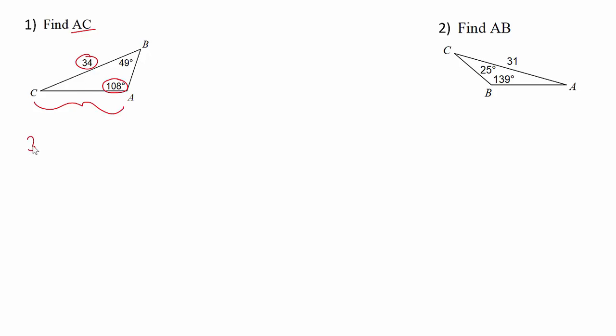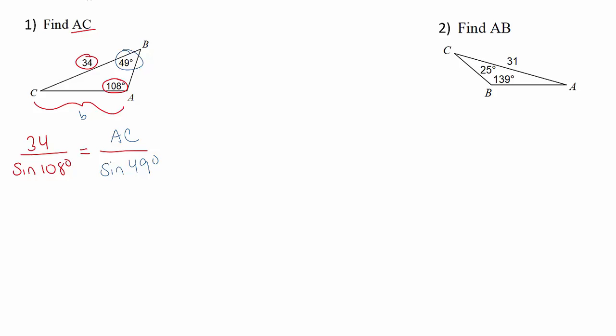So I'm going to say 34 over the sine of 108 degrees, because based on our formula, these two go together, is equal to, now I have angle B and I want to find this side, which we could call side B, or we could call side AC like they did here. Okay, so those are opposite, so that's good. So we're going to put B, or side AC, either way, over the sine of 49 degrees.